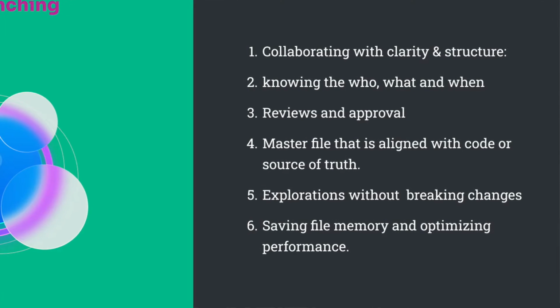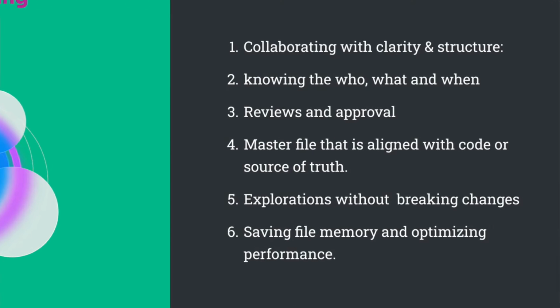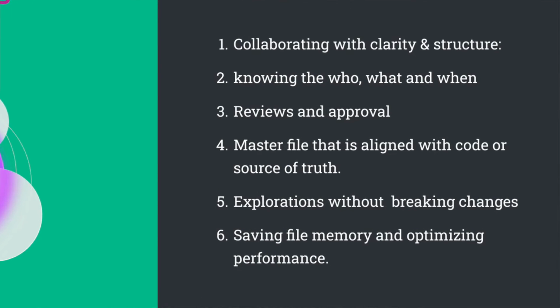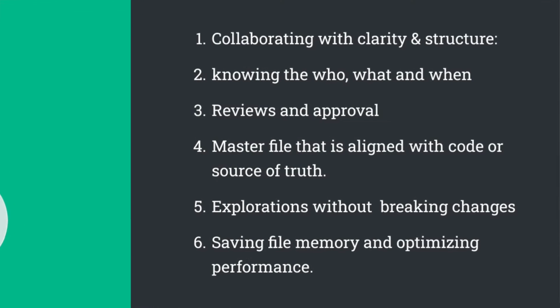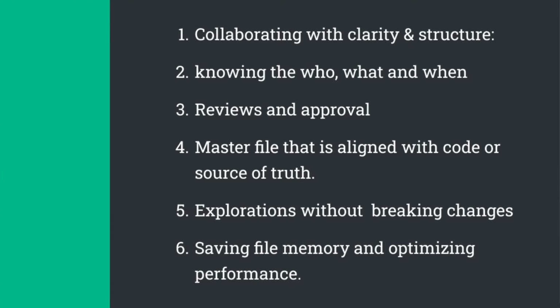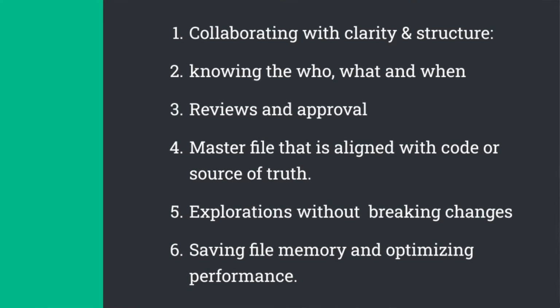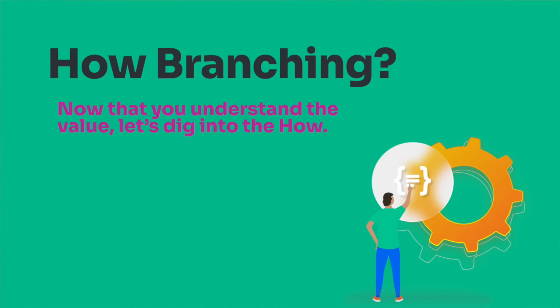And you can do all different explorations without any breaking changes. Most importantly, you can save file memory and optimize the performance of your file, because your main file will always be clean, matching the live product. And any exploration that you do, you can do it in a branch that can later be merged or archived.